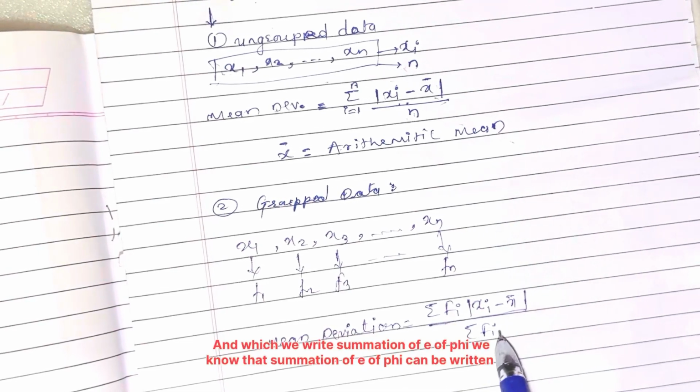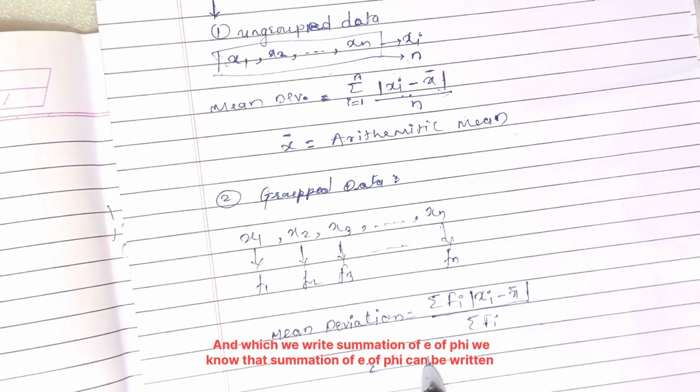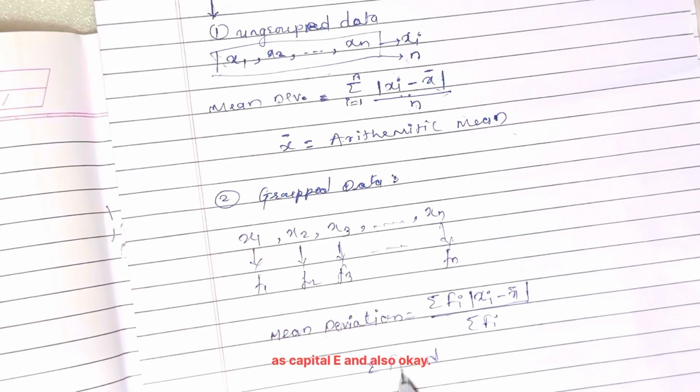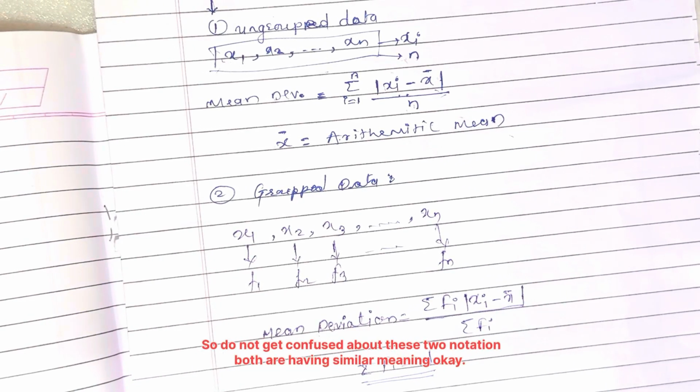The summation of fi can also be written as capital N. So don't get confused about these two notations; both have the same meaning.